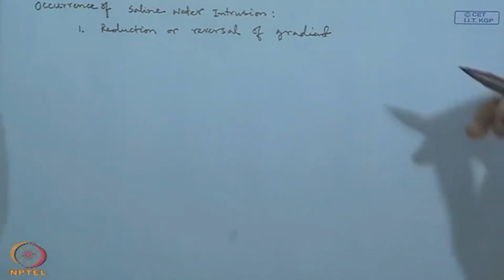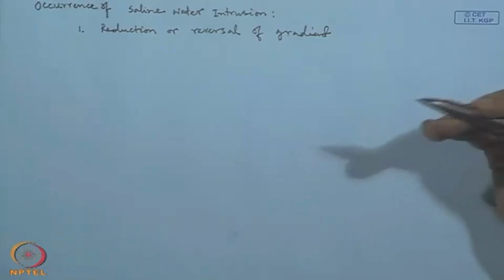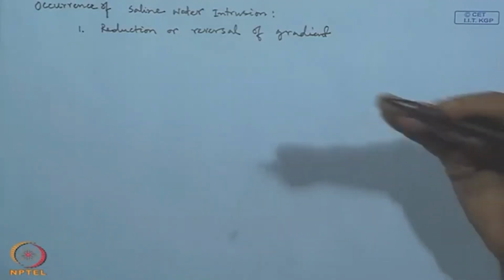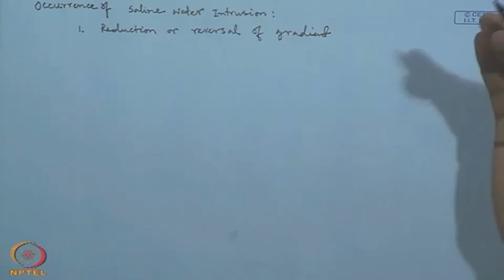General perception is that there will be flow from freshwater aquifer towards the sea, but when we have higher pumping in the freshwater region, there will be reversal of gradient in that particular case.